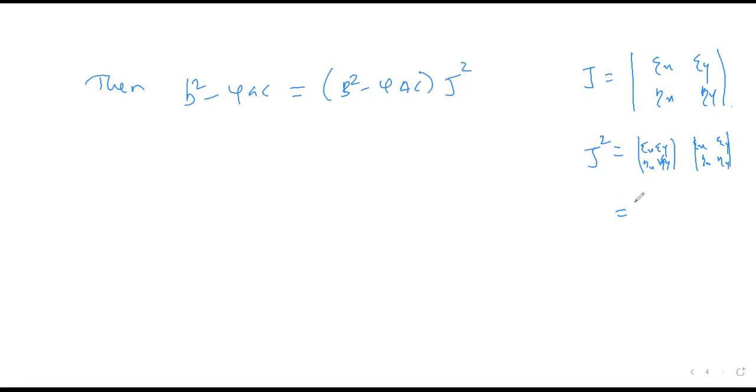So zeta x eta y minus eta x zeta y, times. So actually this is this one, and this will be transformed. So I think zeta x comes here, eta x comes here. See whether you are getting this one.